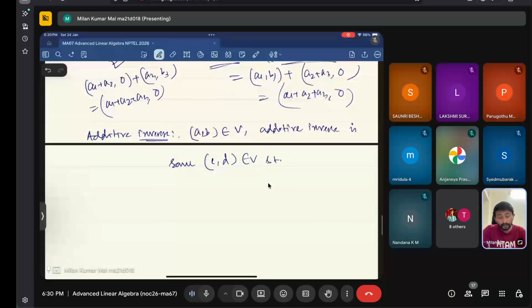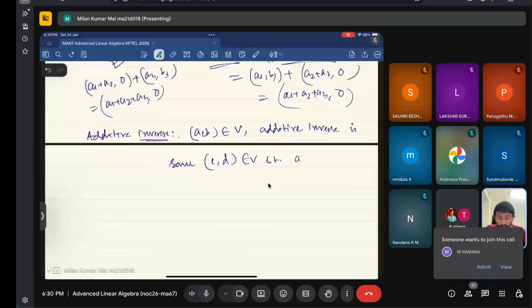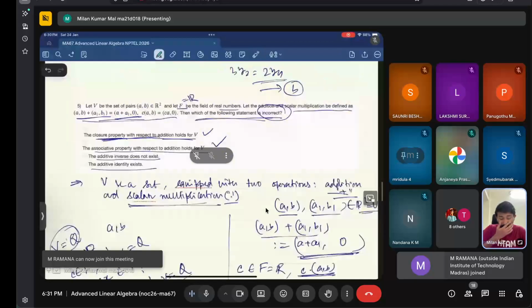And what is the zero element here? The zero element here is (0, 0).